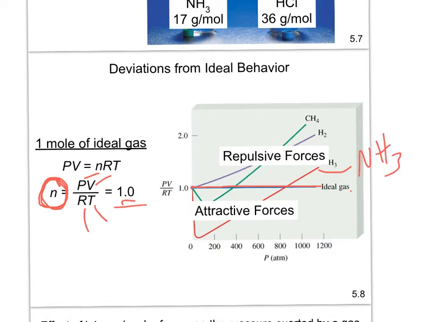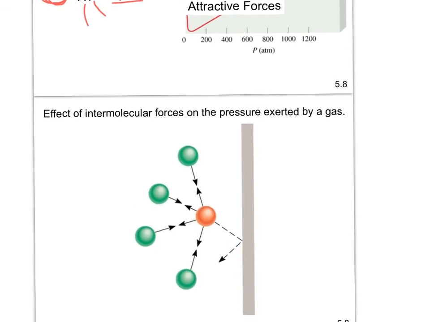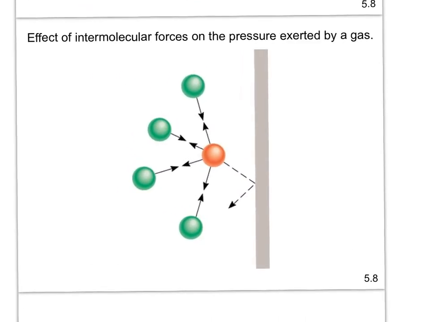When it comes to deviating from ideal gases, we're going to look at concepts like polarity and concepts like volume and size. So when I look at this, let's say right here, I'm looking at this gas.